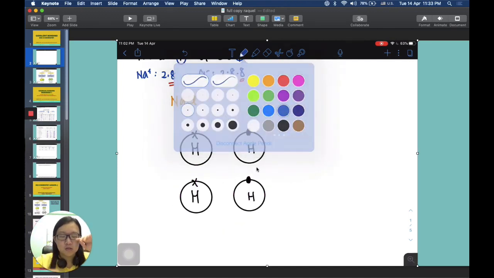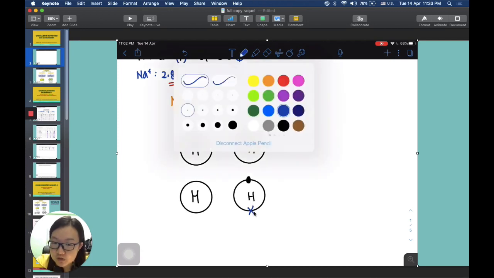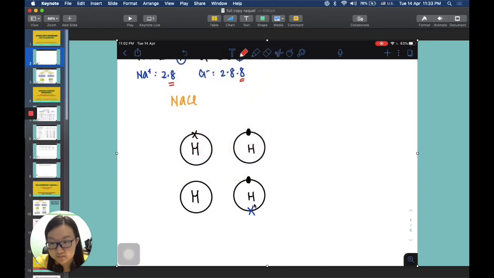Over here, I'm going to demonstrate that ionic bonding cannot happen to hydrogen. In order to become stable, hydrogen wants to have a stable duplet, meaning 2. Assuming this first hydrogen donates the electron to the second hydrogen, what will happen? You tell me.